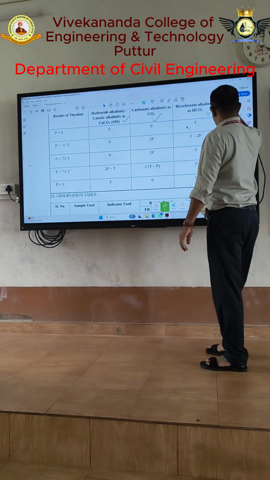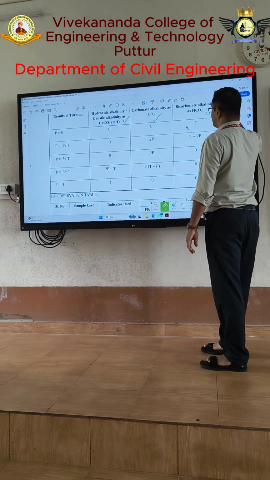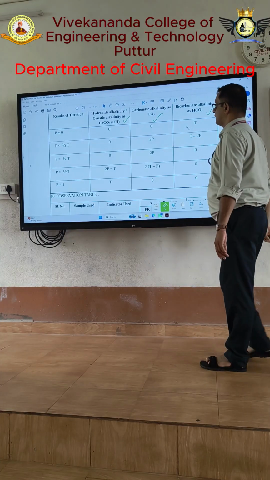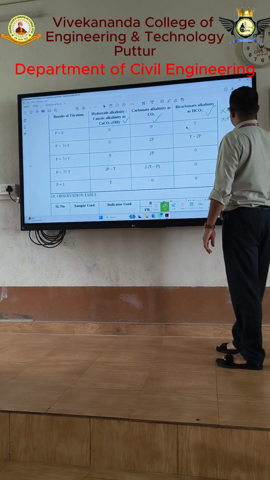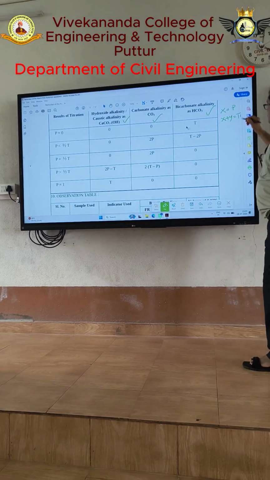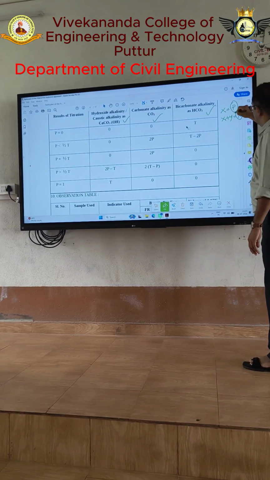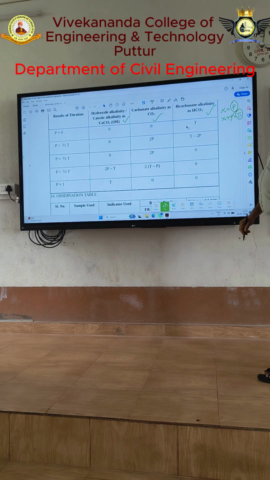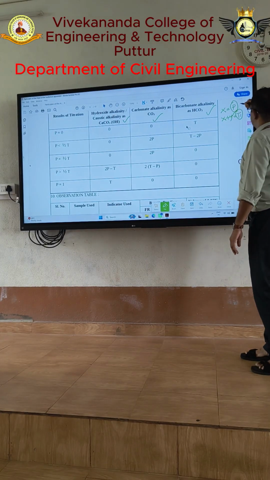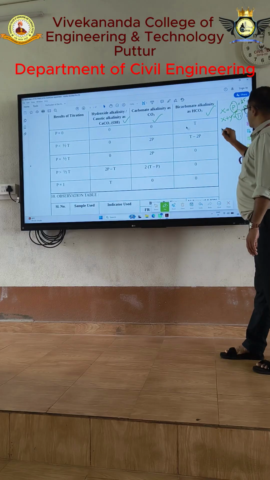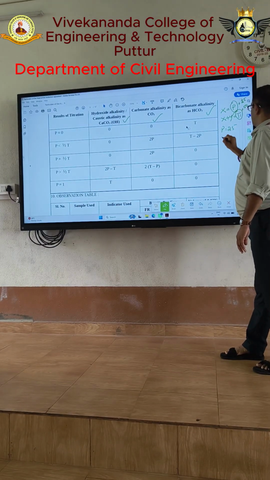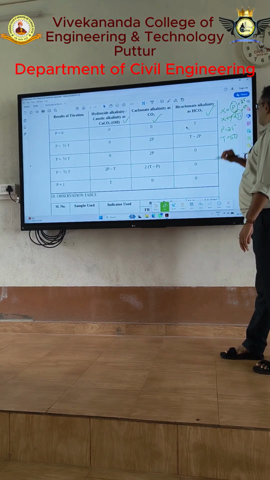For that, whatever value I have taken as X, that is taken as P. Then X plus Y total is taken as T. So two values I should know from the calculation. Say for example, this is 50, this is 25. So P is equal to 25 and T is equal to 50.